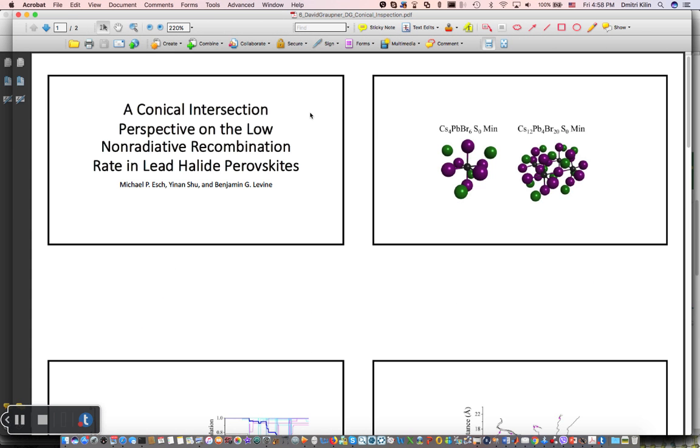The paper I was looking at was talking about conical intersections in lead halide perovskites and their non-radiative recombination rate.